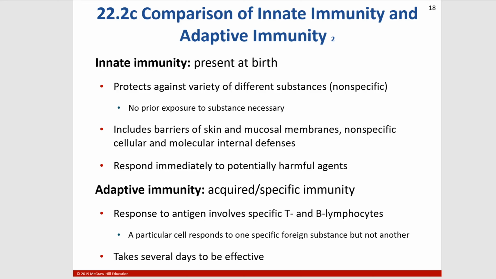This involves the T cells and the B cells, the T lymphocytes and the B lymphocytes. And this can take days to maybe even weeks to be effective. And like I said, this is where we get our immunity from our immunizations.